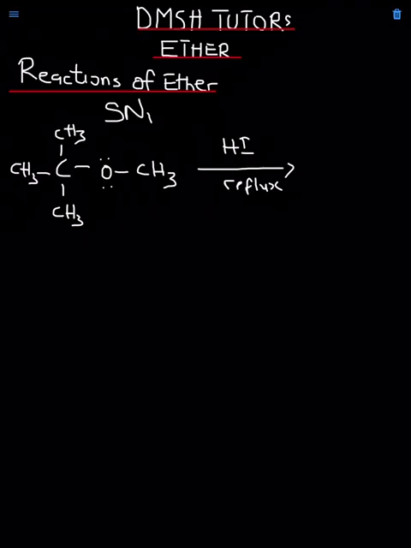Okay, so the first thing that takes place, you know that now. From this we can deduce that the hydrogen is positive charge and the iodine is negative charge. So what happens first is protonation, right? So for protonation, the hydrogen will protonate the oxygen.